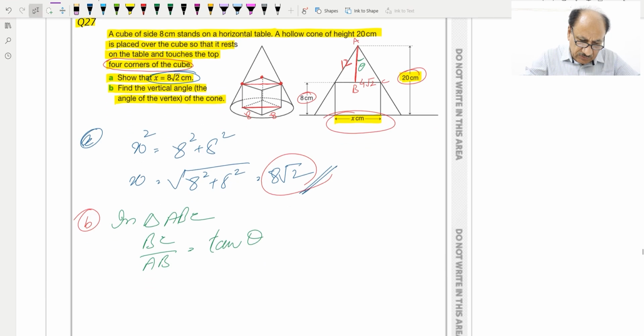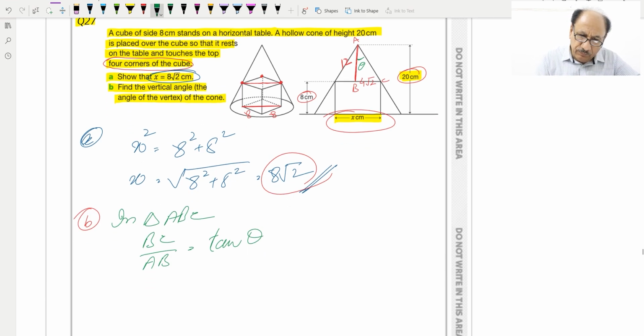This theta is required. This is our theta. So theta will be equal to tan inverse of BC, which is 4 under root 2, over AB, which is 12.